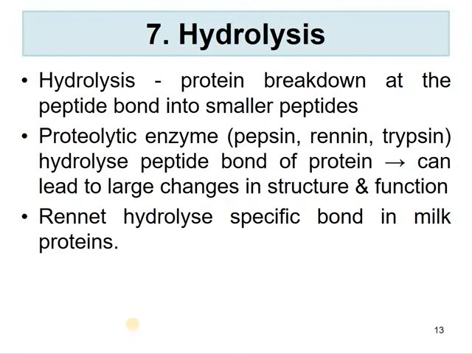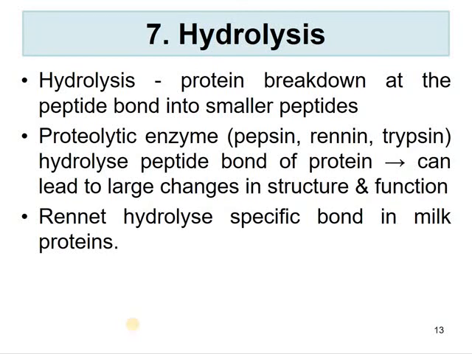So we usually use proteolytic enzymes, or we call them proteases, like pepsin. Pepsin is actually found in the stomach, pardon me. We have renin that's found in the stomach of calves, and we also have trypsin that is found in the pancreas.